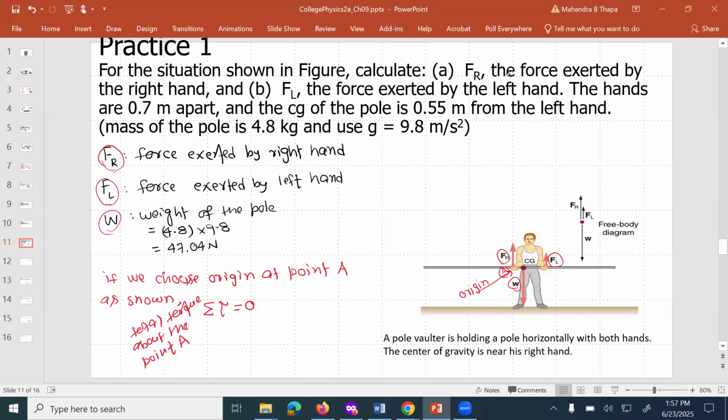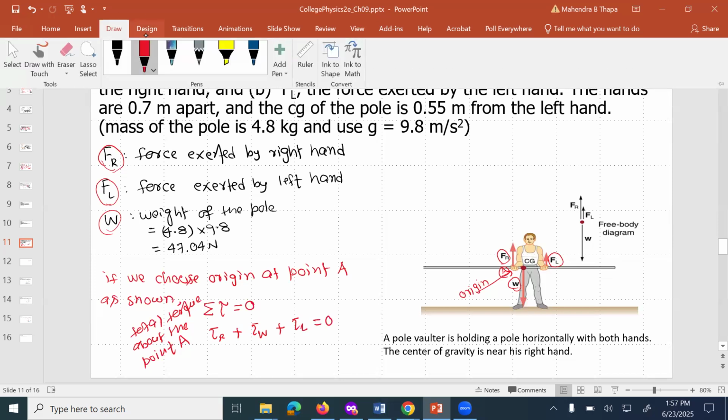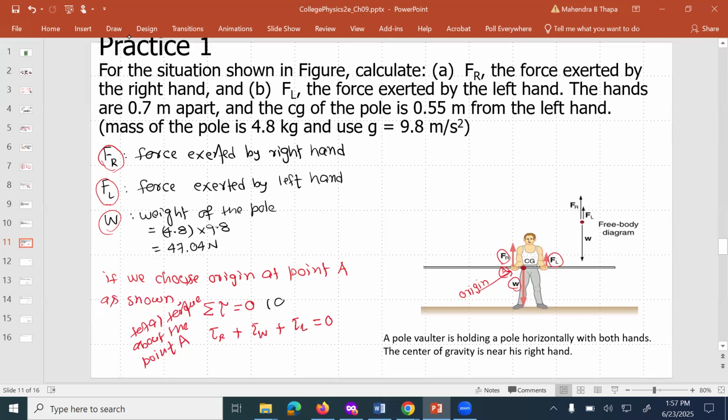In our case, we have three forces, so we can write torque due to force Fr, torque due to force weight, torque due to force Fl. That should be 0 at equilibrium. So this is true at equilibrium.